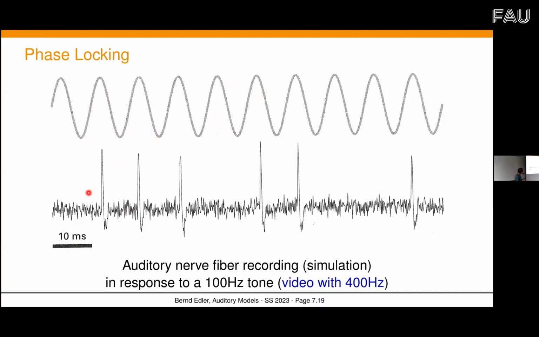So at least for relatively low frequencies, the spikes are locked in their temporal position to a certain phase. That means it seems like the threshold of evoking an action potential is connected to the phase.